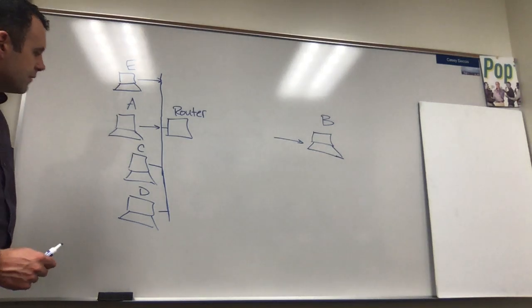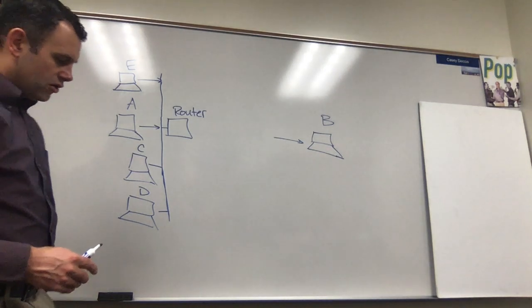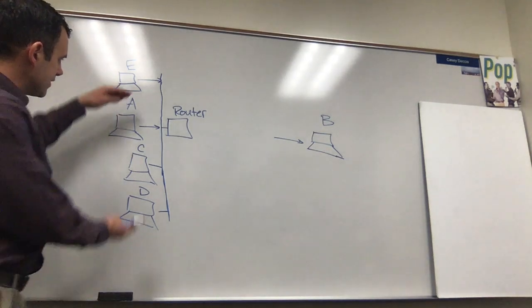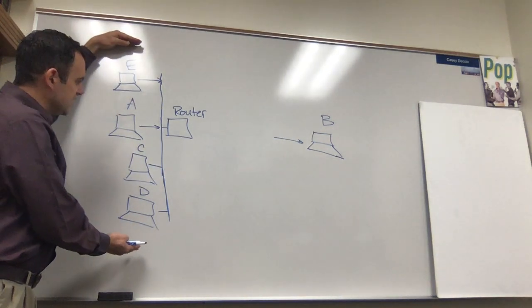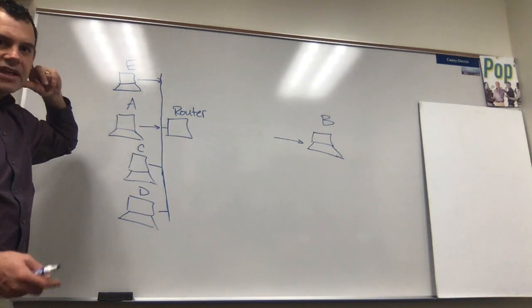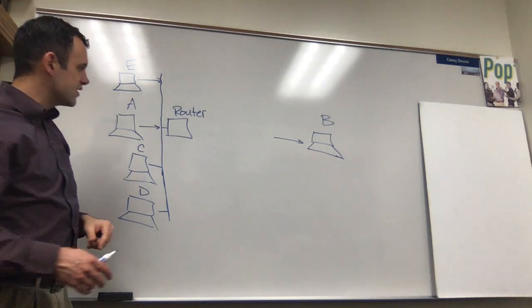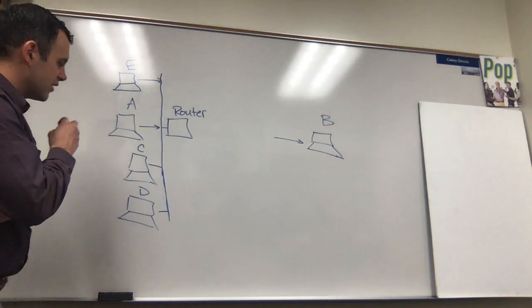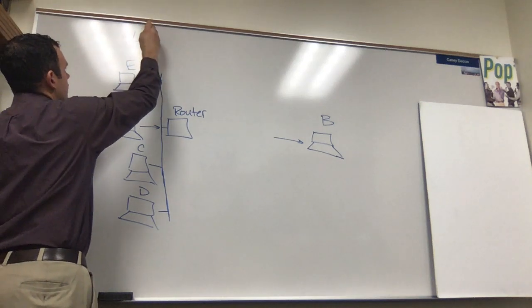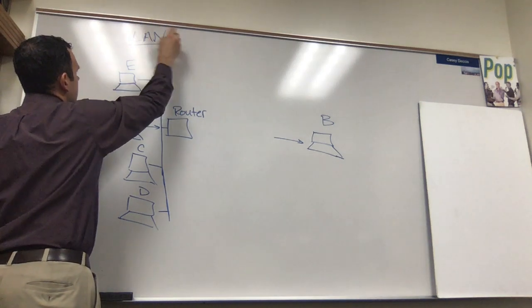Okay. Now, you might say, what defines a local area network? Well, there are a few things. One is the common infrastructure that you can see here, the fact that they're all behind a router. But there is a second component that has to do with addressing, which we'll get to in just a few minutes. Just to give you a preview, this is our local area network here.